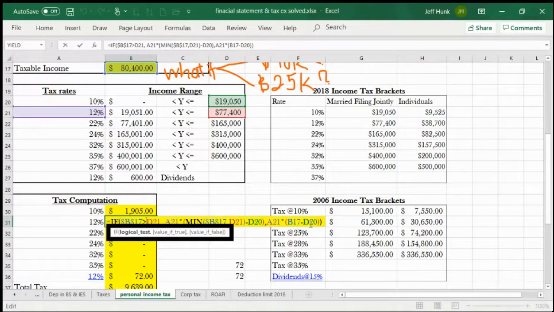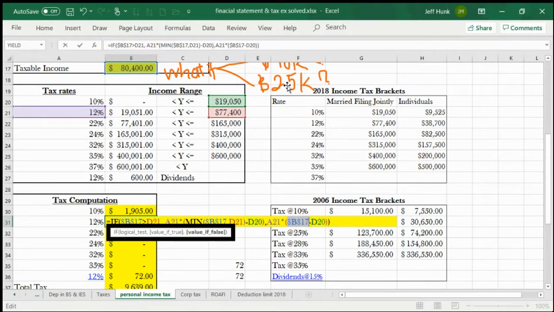you take the difference between B17. I forgot to put, you should lock it, because if you don't lock it, as you drag it down, it's going to also successively change. So you lock it by hitting F4, and then you take the difference between whatever it is and D20.